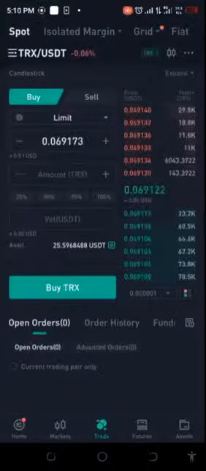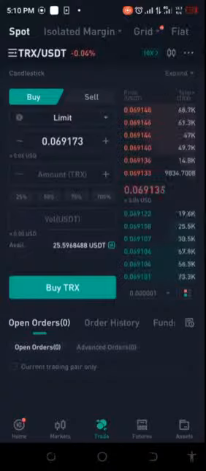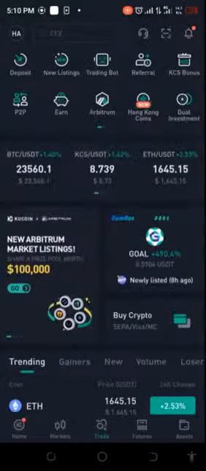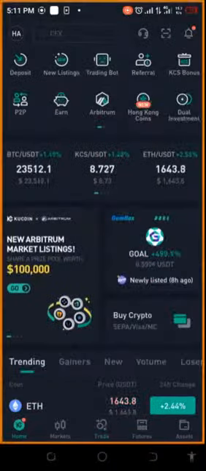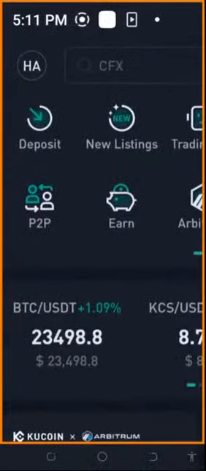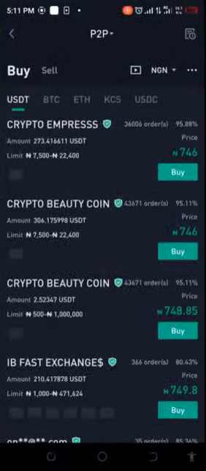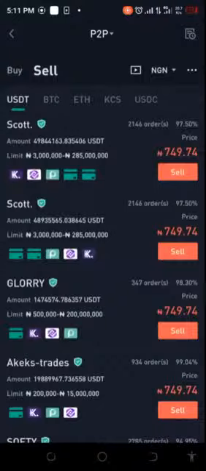Okay, so we're here to change this to TRX. Now, of course, there are two ways you can do this. You can decide to use the P2P. If we look here, you will see that KuCoin has P2P, so you can withdraw your money by just selling it off. It's very, very possible.